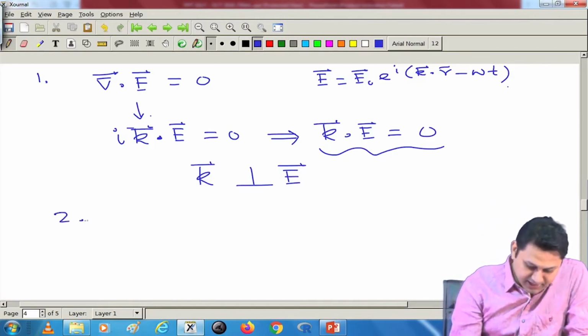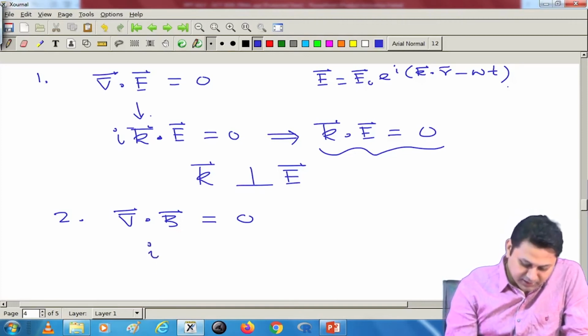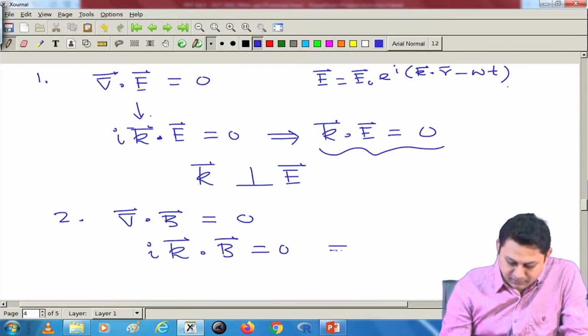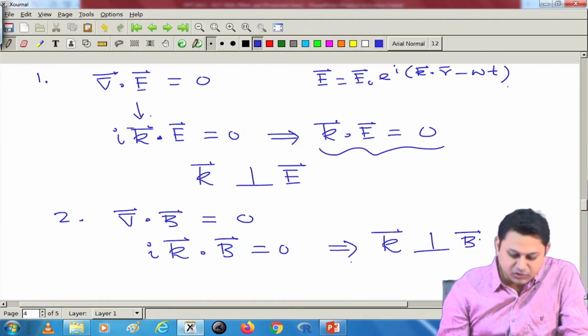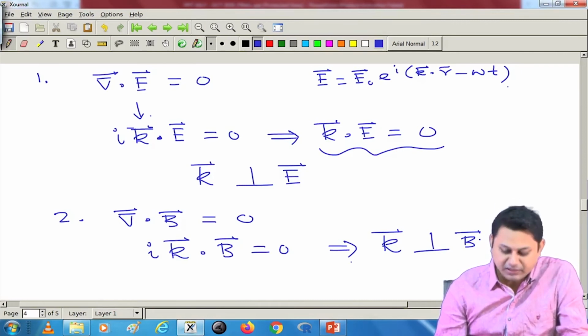In a similar way, exactly in a similar way, for B, I have the same equation, because divergence of B equal to 0 gives me the fact that i k dot B is equal to 0, and this tells me that k is a vector which is also perpendicular to B. So, k is perpendicular to E, and k is perpendicular to B. That means k is perpendicular to the plane containing E and B both.